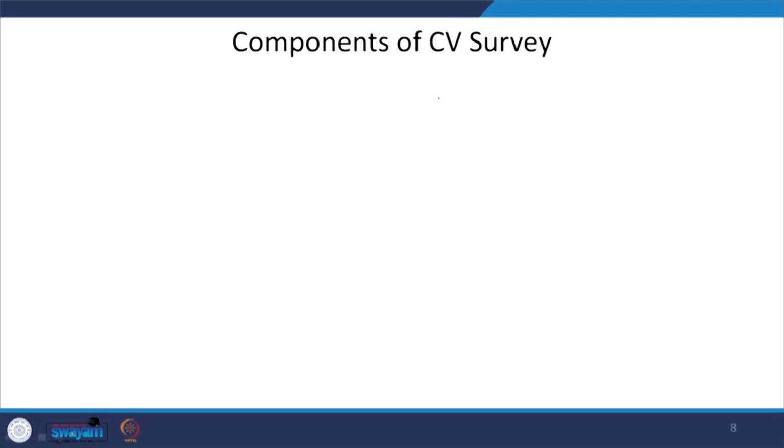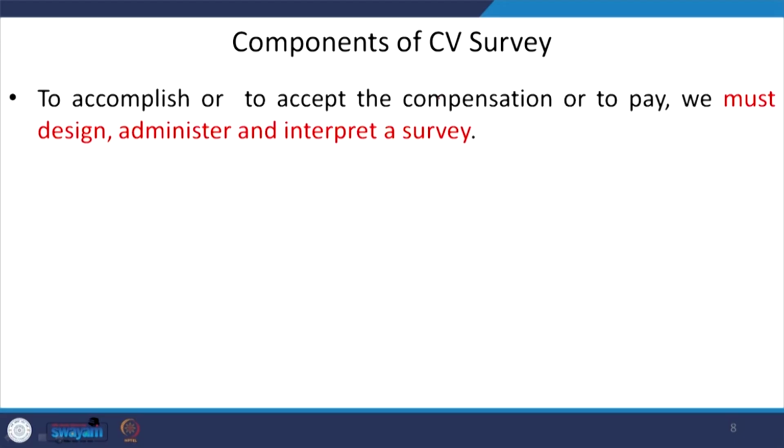Now let us understand the components of the contingent valuation survey. In this contingent valuation survey, we need to see what the compensation amount or the willingness to pay amount is, and in order to accept this compensation or be willing to pay, we must be able to administer, or design the mechanisms, and interpret the survey in the right manner.